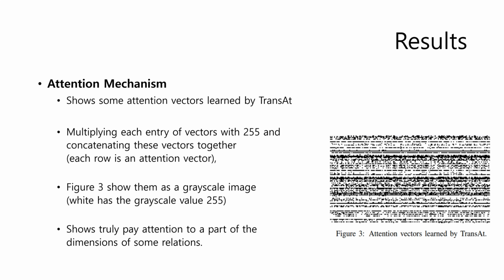White has grayscale value 255. Figure 3 demonstrates that our method can truly pay attention to a part of dimension of some relations.